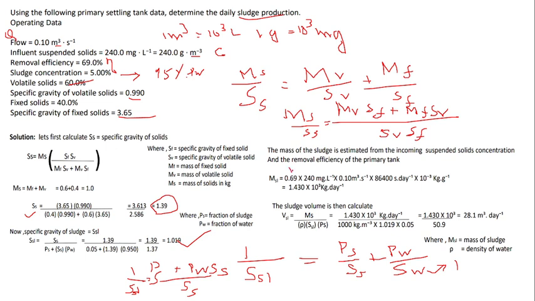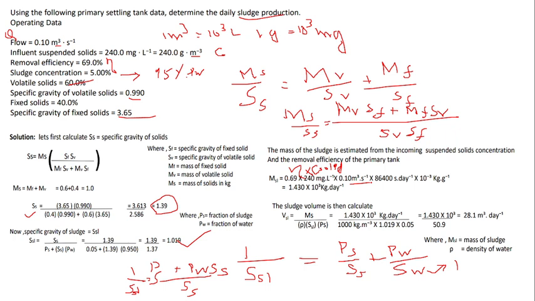If you multiply the efficiency with the concentration of solid, we will obtain the total amount of solid produced as the sludge, right? So everything is done in a single step here.